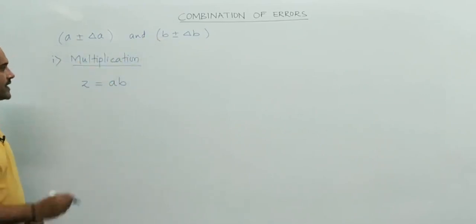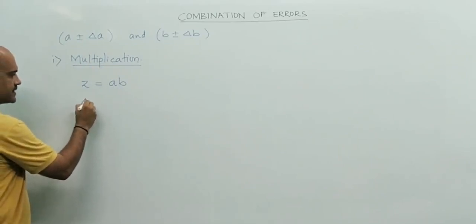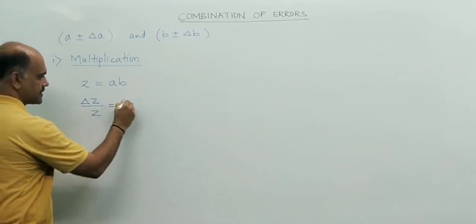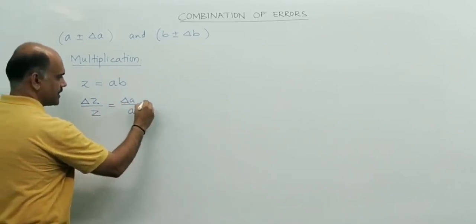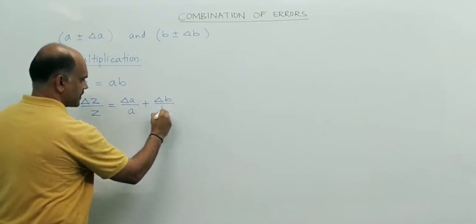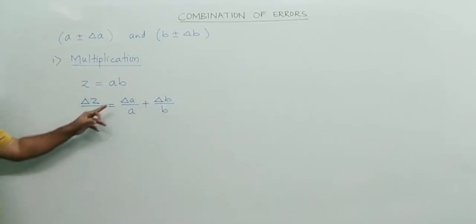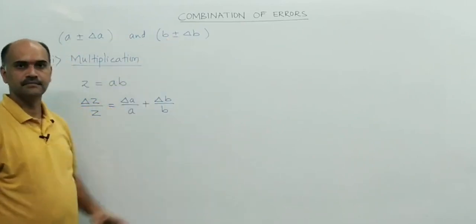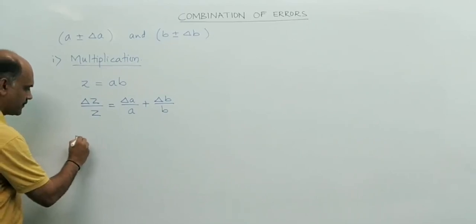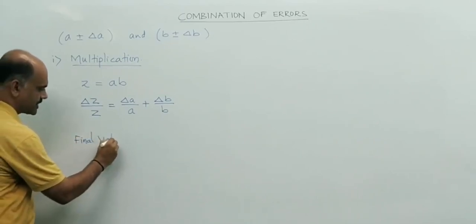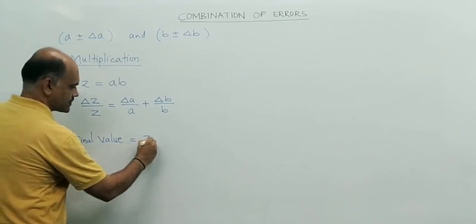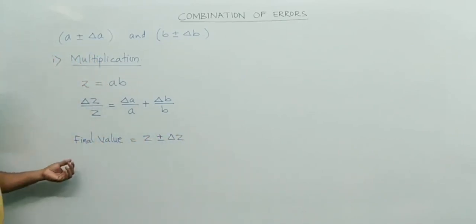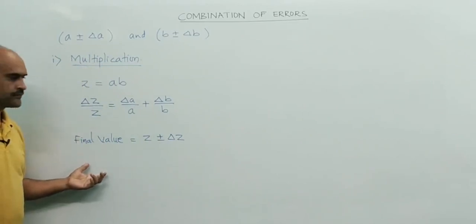Then the error in the final value, that is in Z, is calculated using this formula: delta Z by Z is equal to delta A by A plus delta B by B, where delta A is the error in A and delta B is the error in B. Then the final value of multiplication is Z plus or minus delta Z.